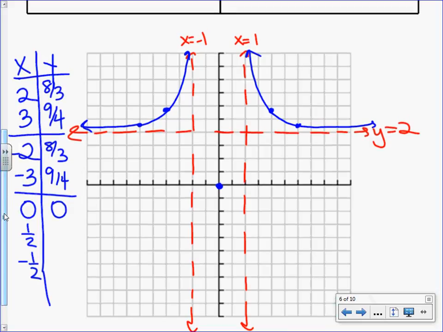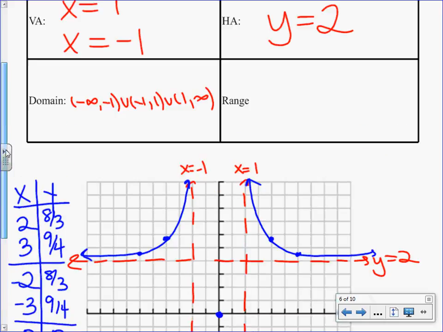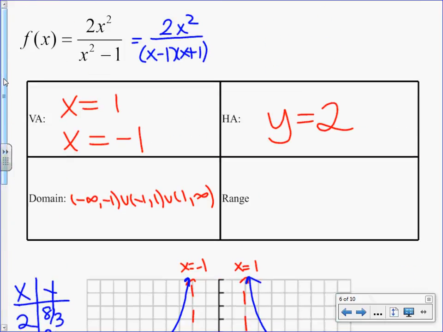Negative 2/3. Okay, what's 1/2 squared? 1/4 times 2.